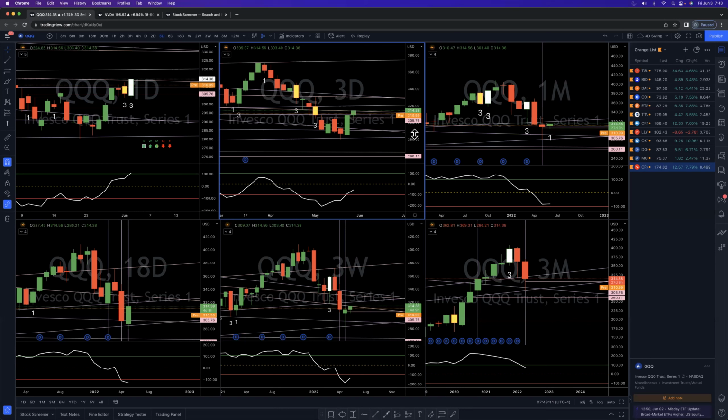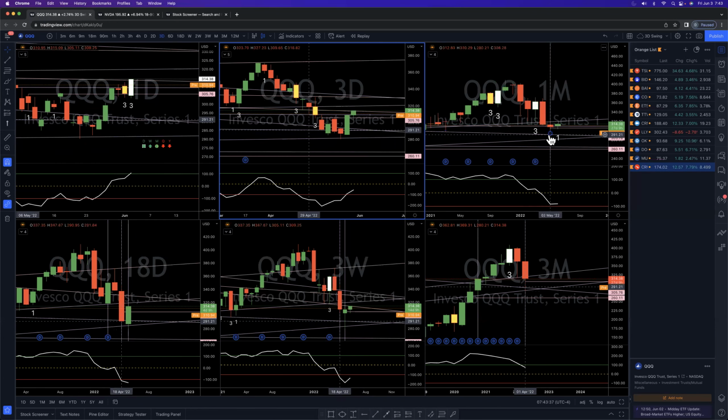It's just not. And so when you have a double outside day on the Qs, I mean, you're looking at this market and saying, what the what? I mean, I can't explain it other than when we talked about this a couple weeks ago, price action had hit our broadening formation.